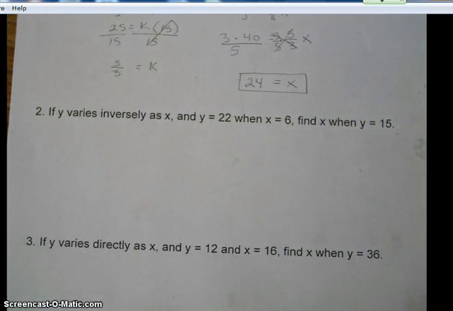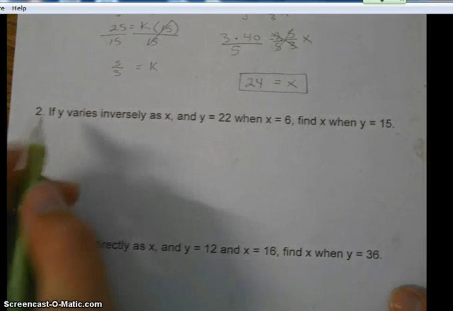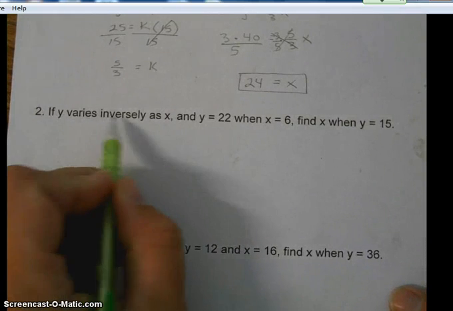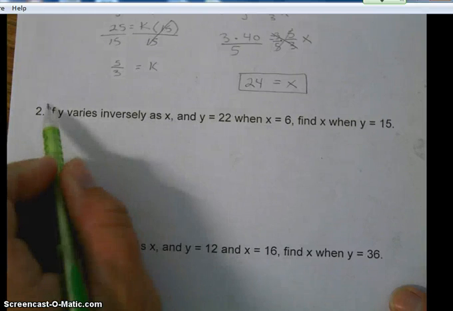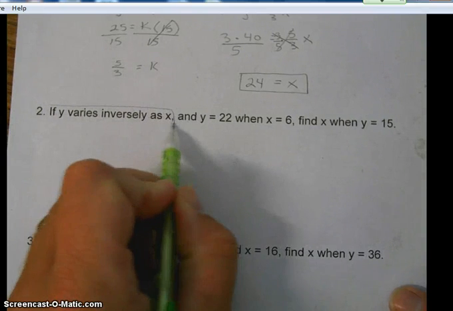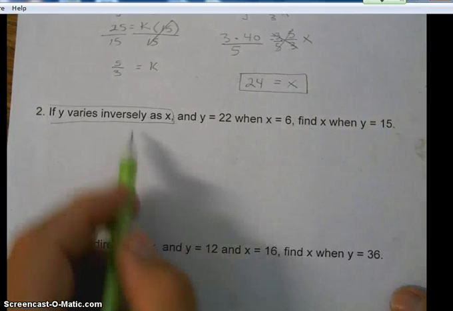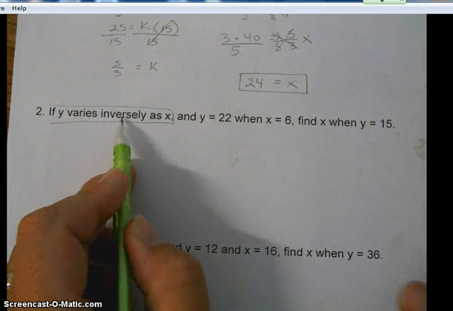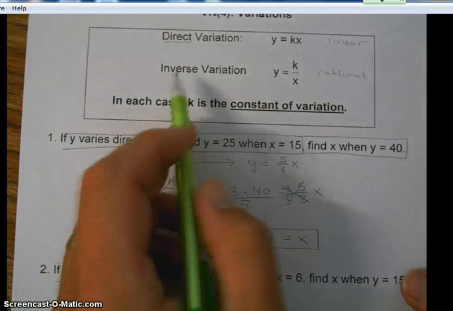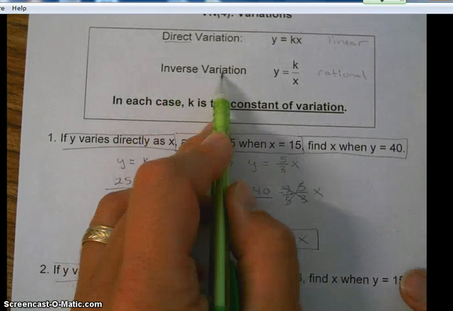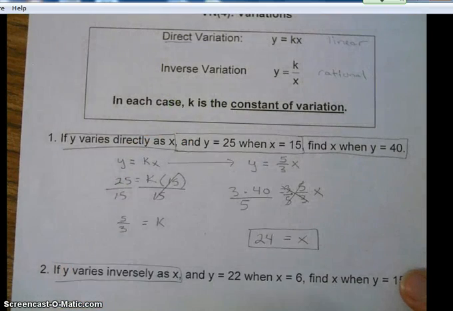Okay, number 2. Here we go. If y varies inversely as x, okay, this is going to tell us which variation that we're using. So you see the word inversely. So we go up and we're going to use the inverse variation. It's pretty much straightforward.